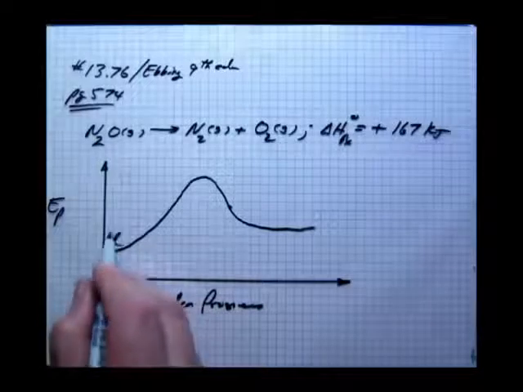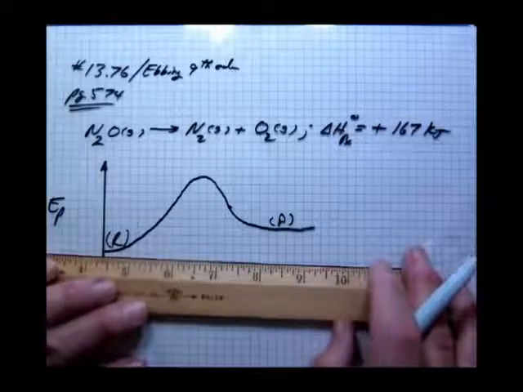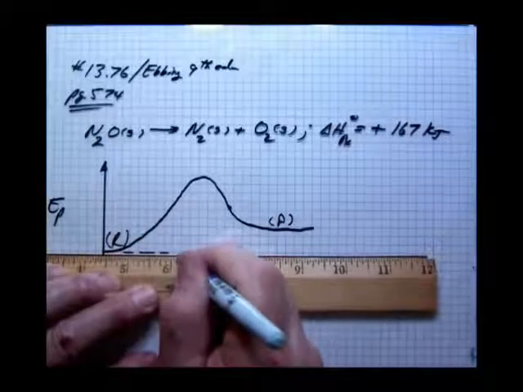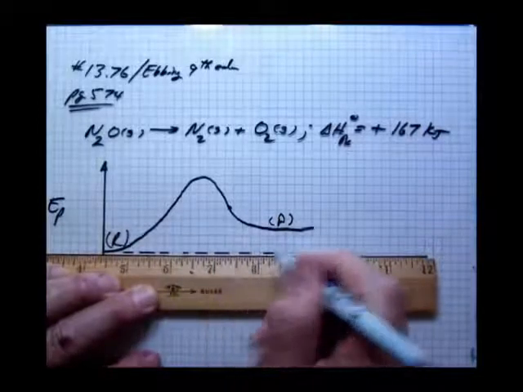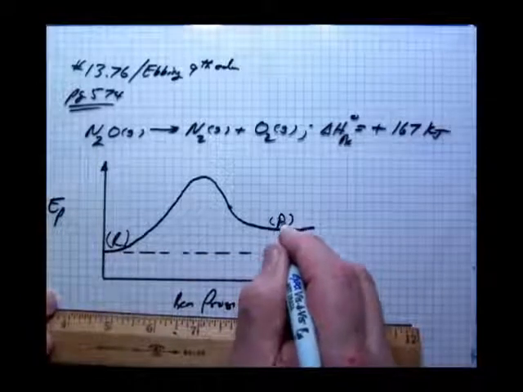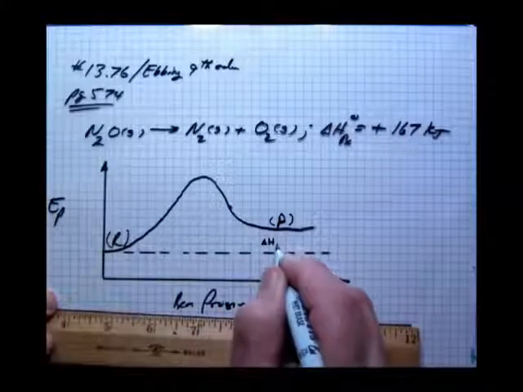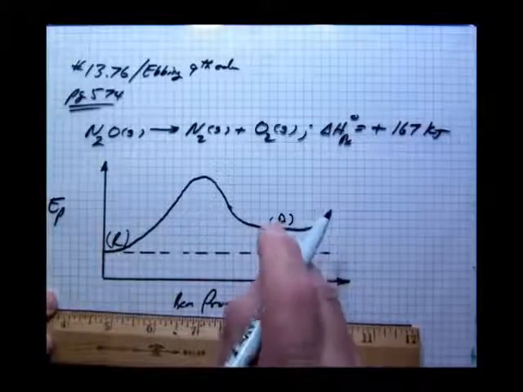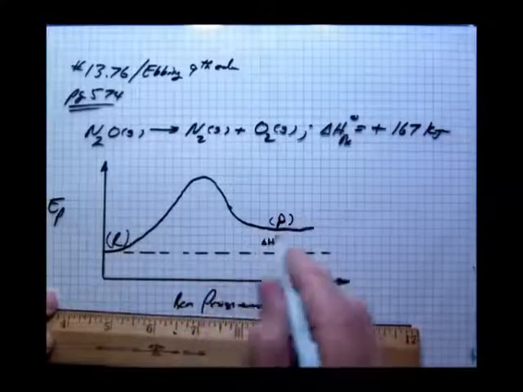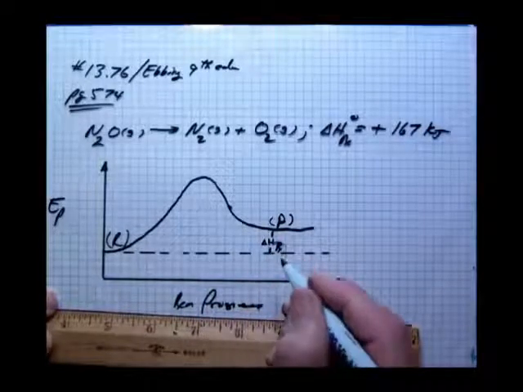Since the reactants are here and products are here, we see immediately that it has a positive heat of reaction. So the difference here, between reactants and products, is the delta H of the heat of reaction. Sorry, I'm trying to get ahead of myself. Heat of reaction between here and here.